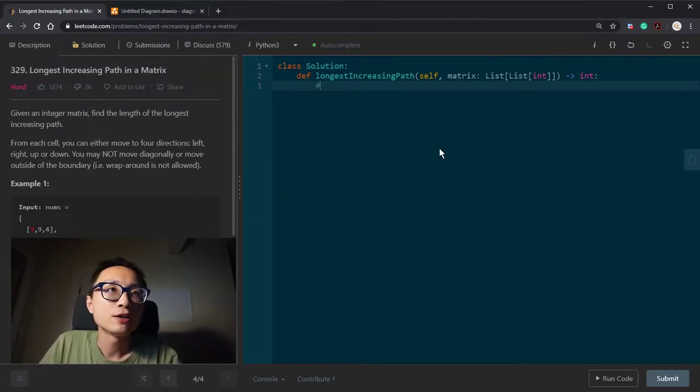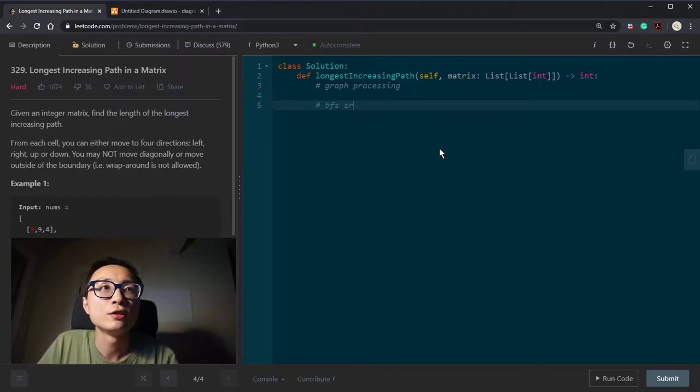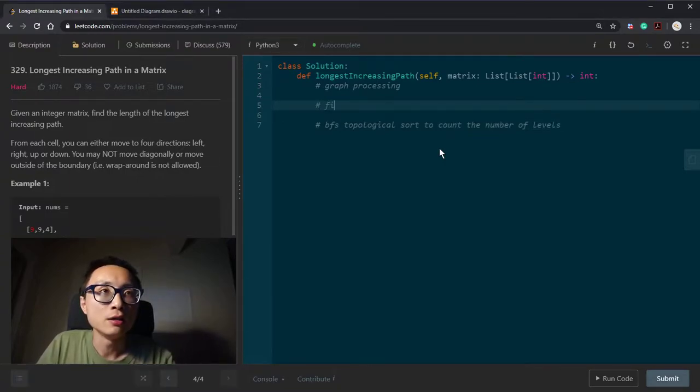So the first part is going to be the graph processing, and the second part is going to be BFS search, BFS topological sort, and to count the number of levels, and we also need to find the starting position.